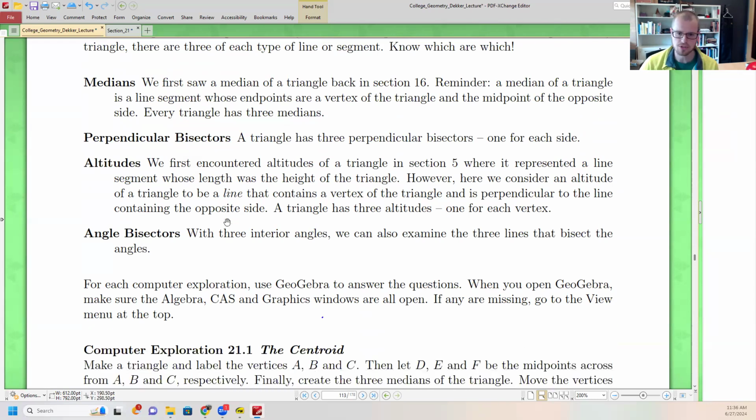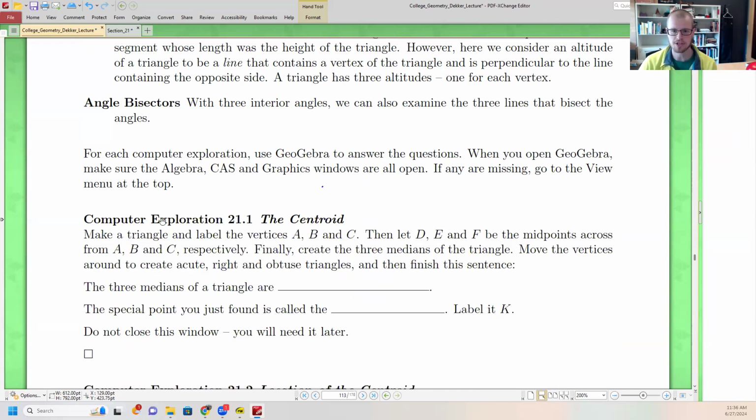You're going to use these terms in the computer explorations in GeoGebra. And as a nice preview, in section 23, we're going to learn how to find midpoints. We're going to learn how to find angle bisectors or perpendicular bisectors, this sort of thing. So we'll learn how to do these all by hand as well a little bit later, and that is something that we'll do.